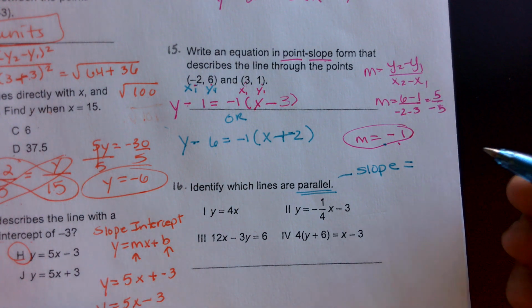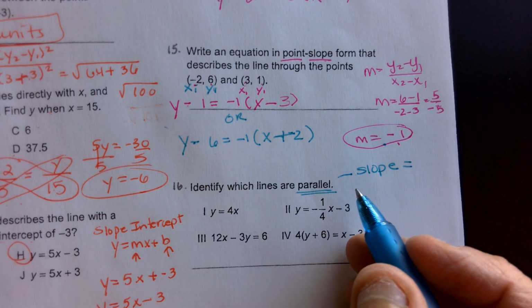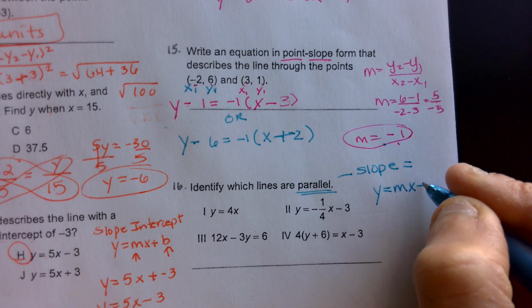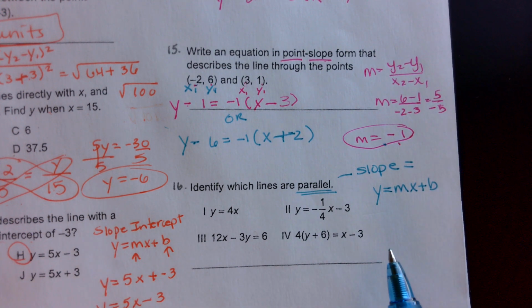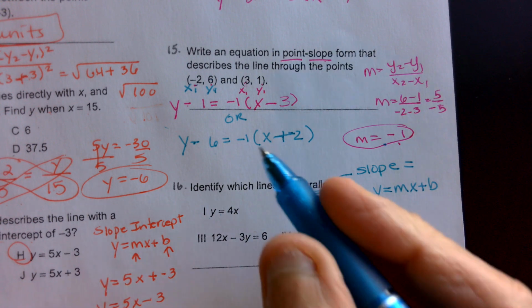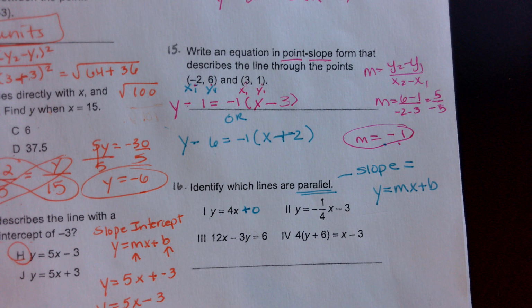Okay, so we're looking, first of all, what form are these in? Let's see here. This is in slope-intercept, isn't it? Y equals mx plus b. It's just there's no b, right? It's 0. So what's the slope for this one?